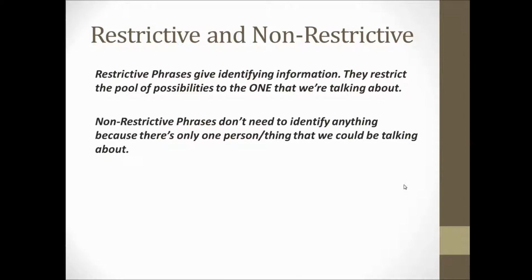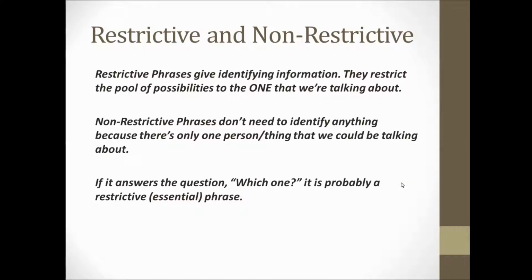And the phrase or the clause then instead just gives some other kind of information, something that might be interesting to us, something we might want to know, but it's not identification information.